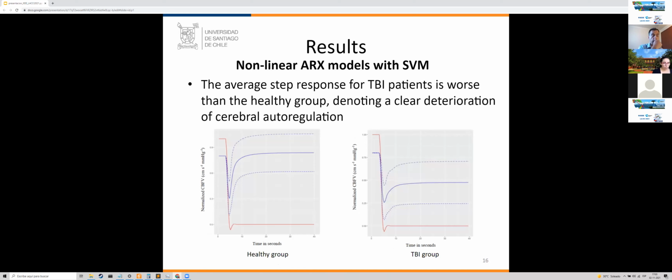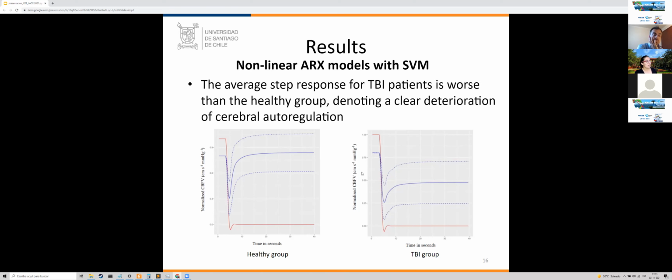Well, here we have the average step response of the models selected for each subject for each group, the healthy group and the traumatic brain injury group. We can clearly see that the patient's response is worse than the healthy group.